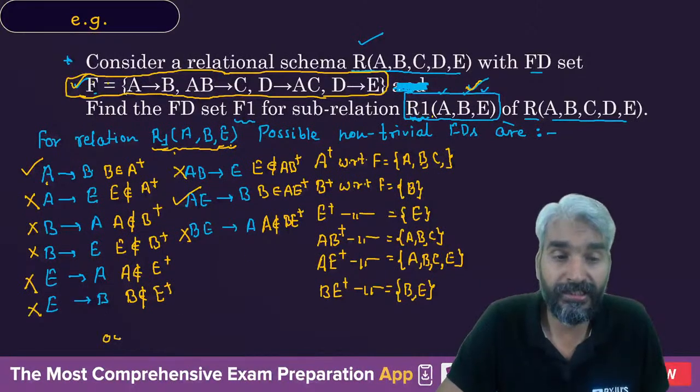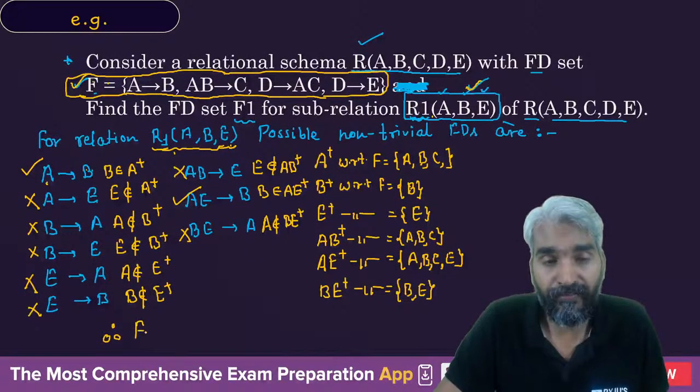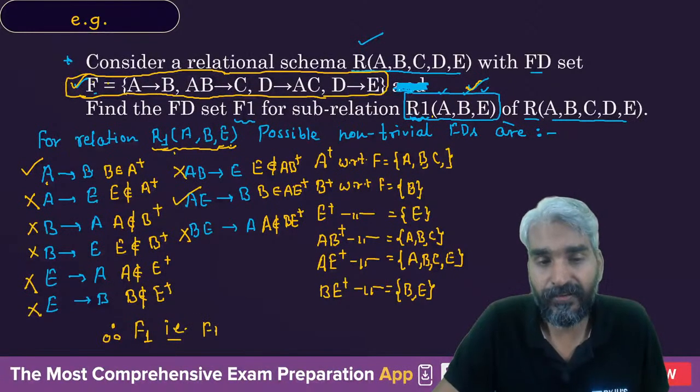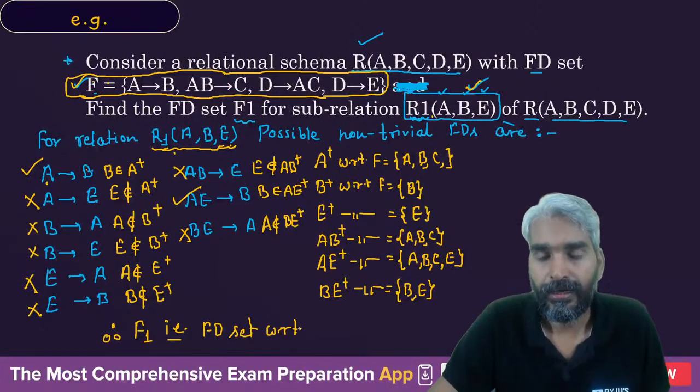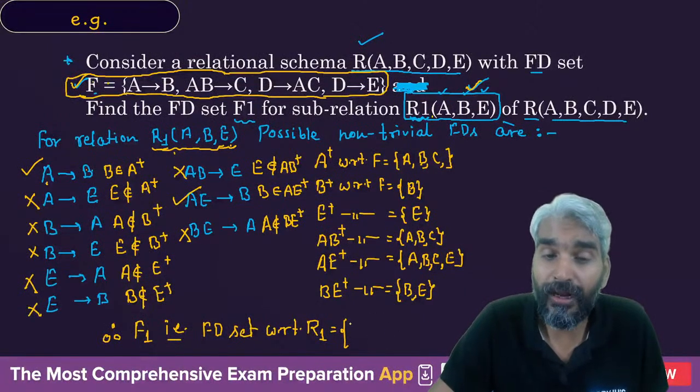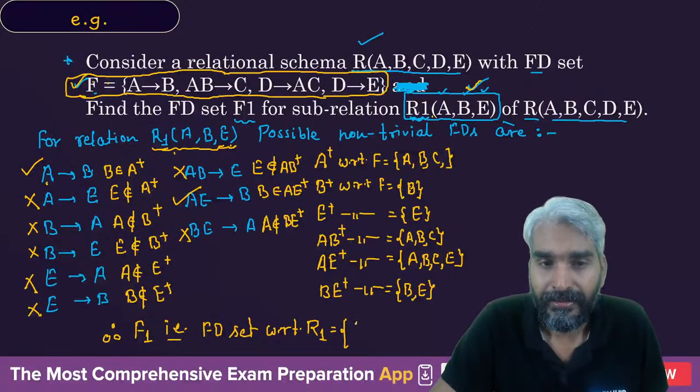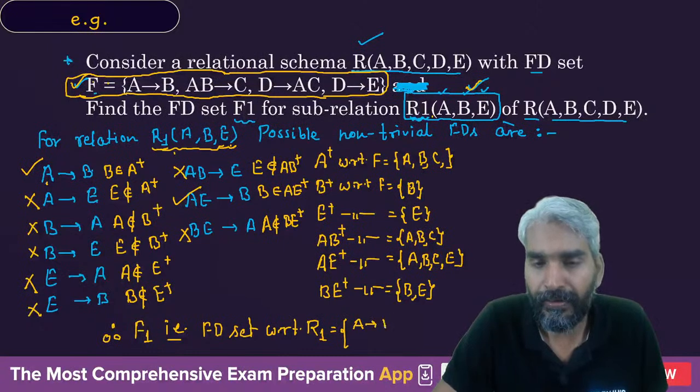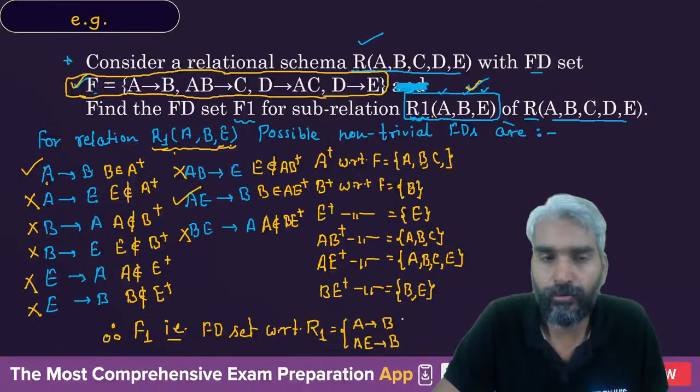Therefore, F1, that is the FD set with respect to R1, will consist of two FDs: A implies B and AE implies B. These are the only two FDs.